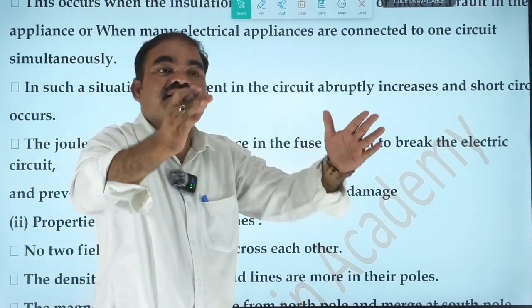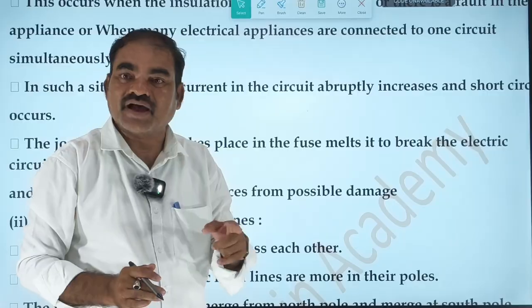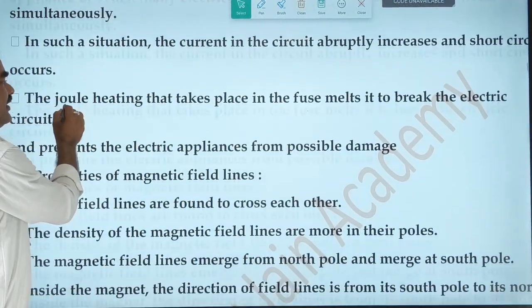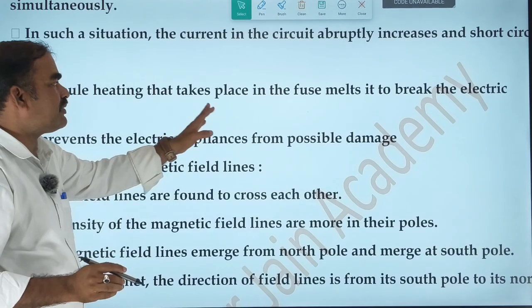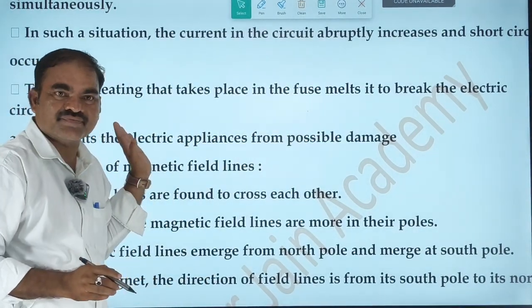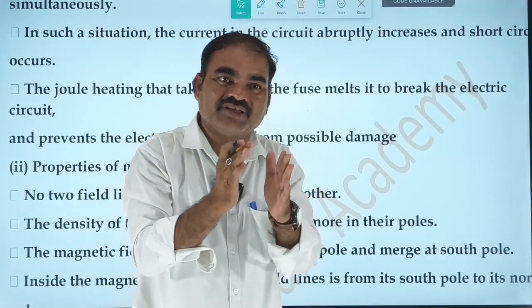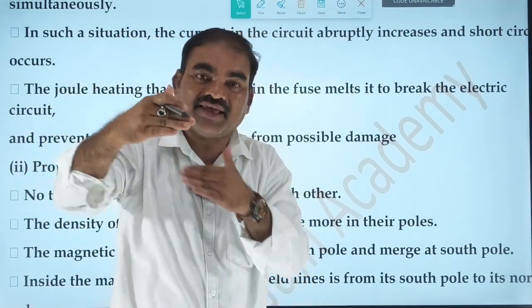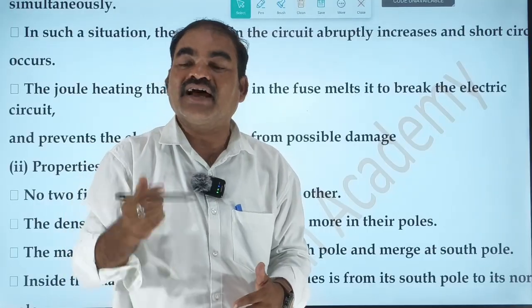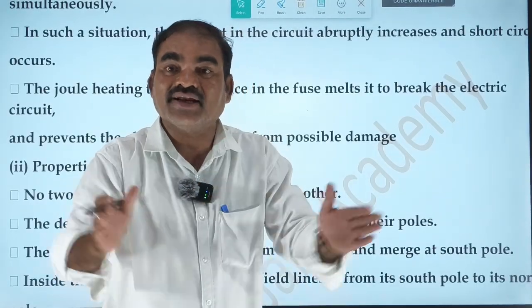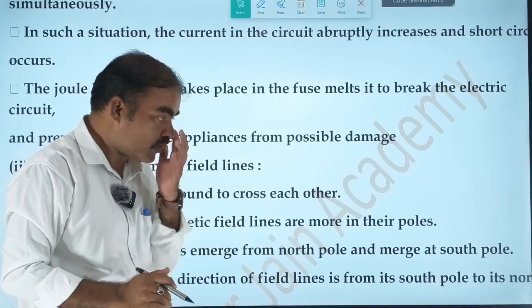Means a sudden increase in current will be there. And the Joule's heating takes place in the fuse, which melts and breaks the electric circuit. Whatever fuse wire is there, it will have a low melting point. When suddenly high current is passed, that wire is going to melt and stop the current further into the circuit in our home.